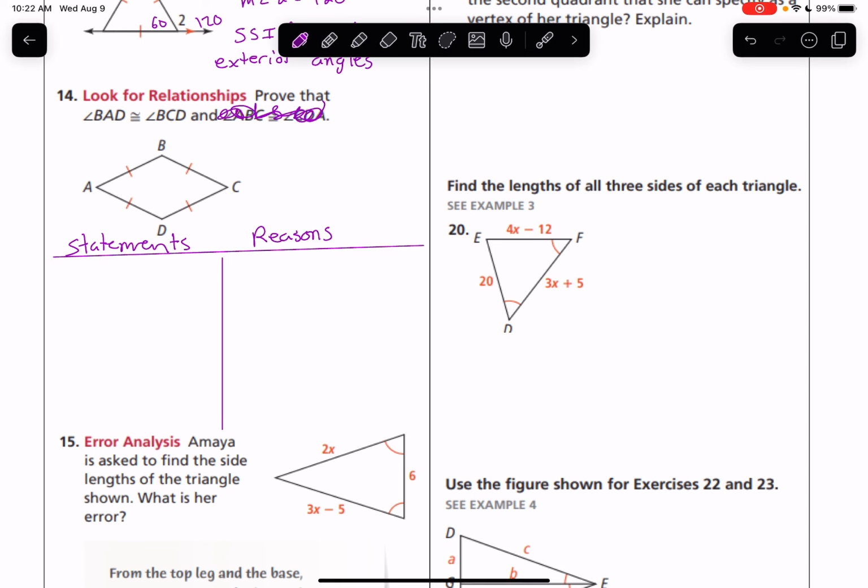Alright, so we've got some information in the diagram that can be our given information. I guess this is a part that we should probably do: we should create a line like this. If we make a line like that, we make this into two isosceles triangles. We can see based on the markings that they are isosceles.